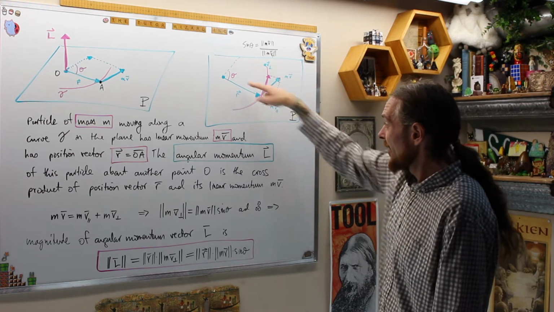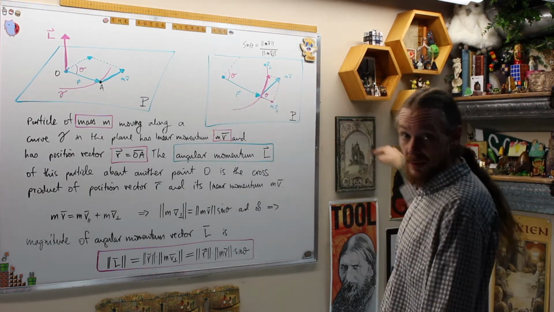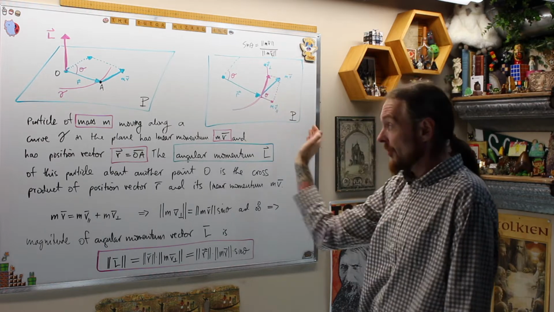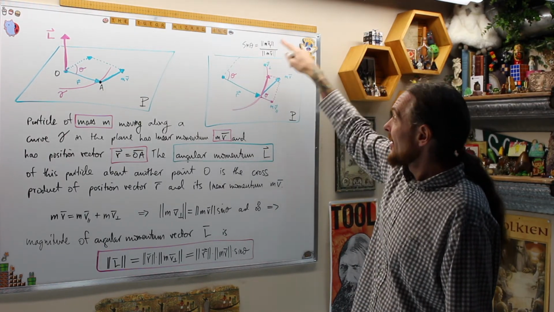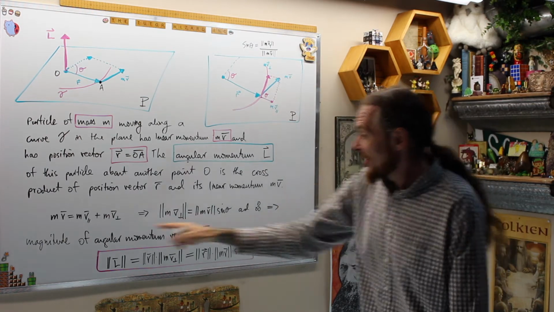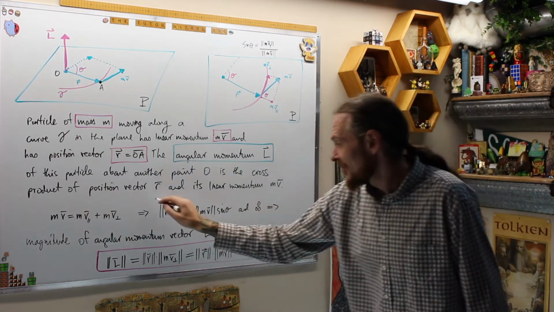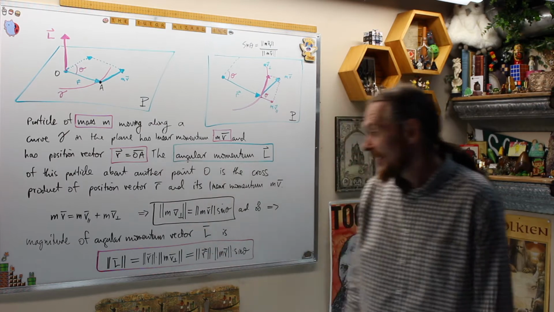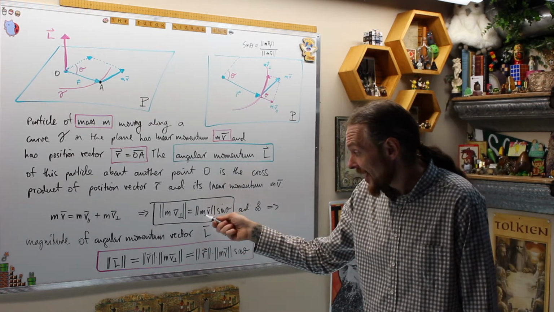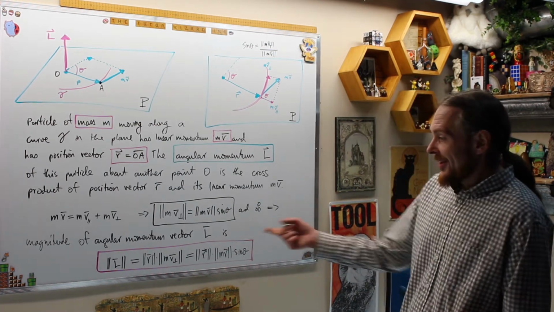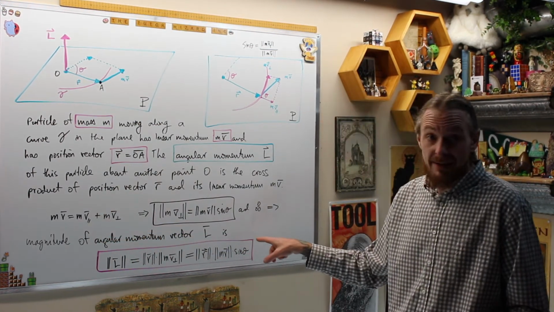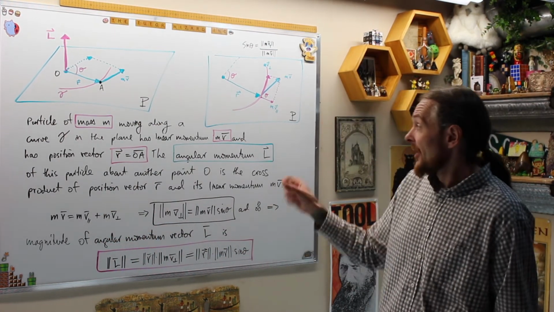The parallel one is whether you're moving inwards or outwards, not angularly around the point. Using trigonometry again, sine theta is opposite over hypotenuse. Solving for this, the magnitude of mv perpendicular is the magnitude of mv times sine theta, cleverly.